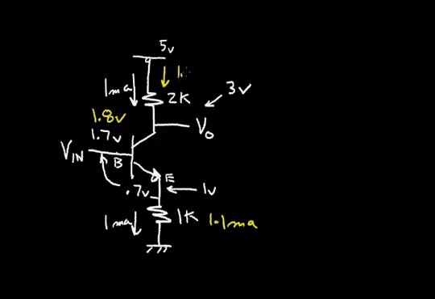So I have 1.1 milliamp flowing through a 2K, which gives me an extra 200 millivolts. I give 100 millivolts in, I'm getting a 200 millivolt change in V out. So my output voltage sits at 2.8 volts. So this circuit has provided a voltage gain.